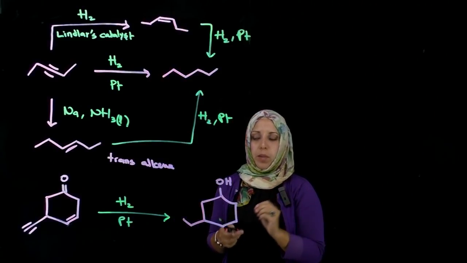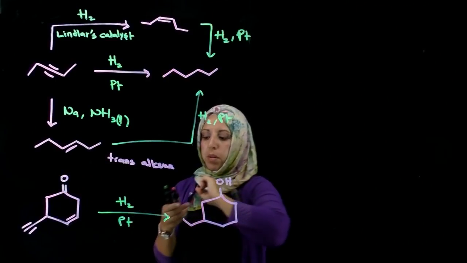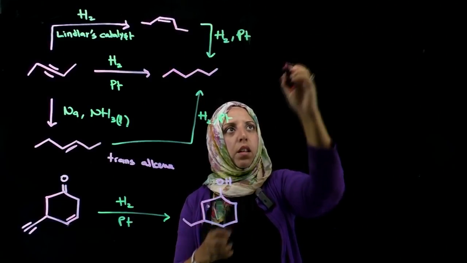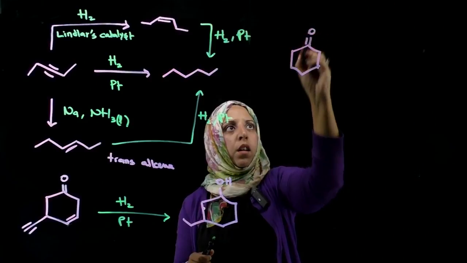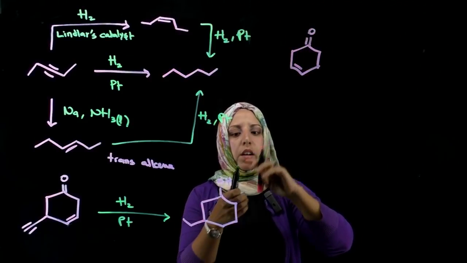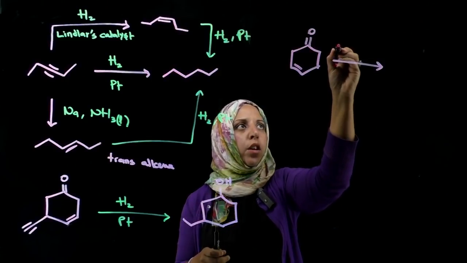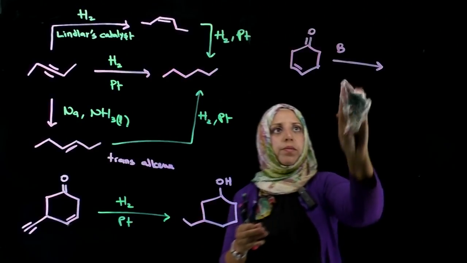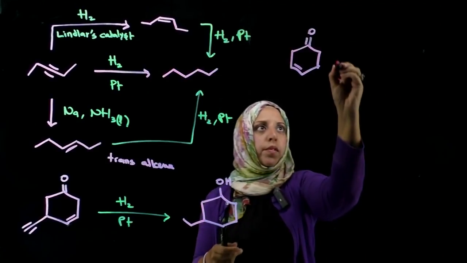Okay, and then we talked about two more reducing agents that were more selective towards a keto group. I'm just going to make a double bond right here. One was sodium borohydride.